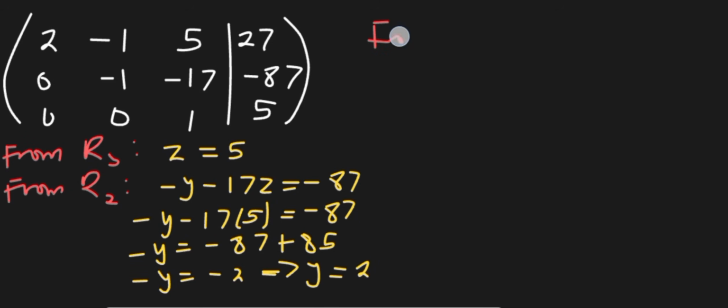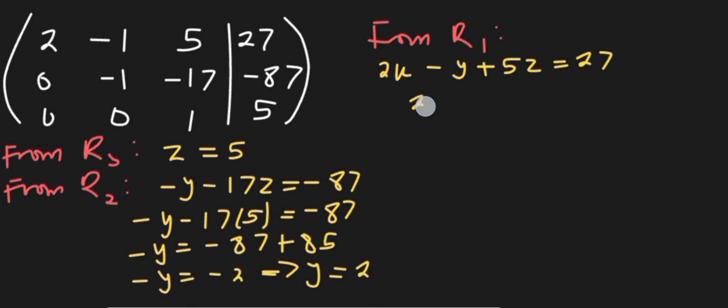Then from row 1, we have 2x minus y plus 5z being equal to 27. And with y being 2, we have 2x minus 2, then plus 5 times z, which is 5 times 5, is equal to 27.